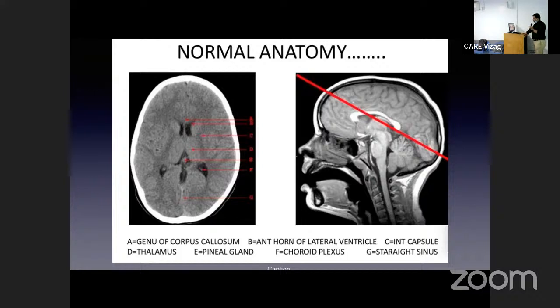So even a single vessel being infarcted can lead to multiple vascular territories being infarcted. This may sound complex, but the main point I want to highlight is that sometimes a single vessel supplies multiple vascular territories, because of the circle of Willis.